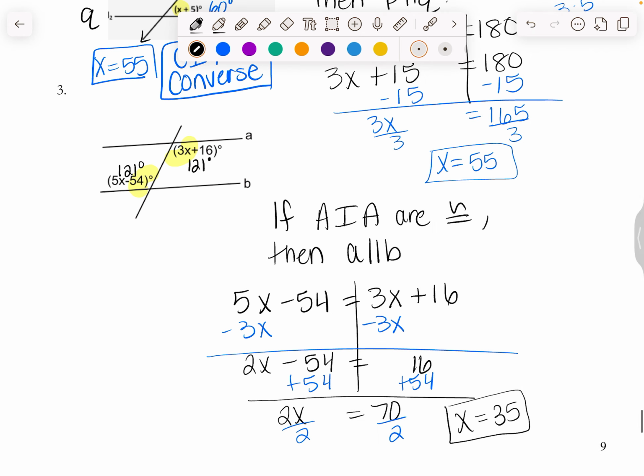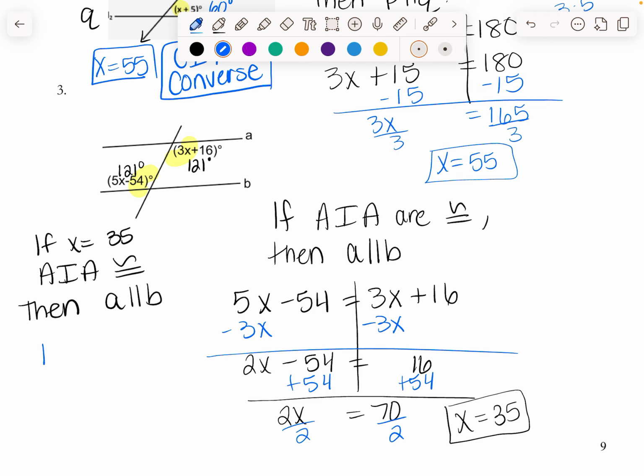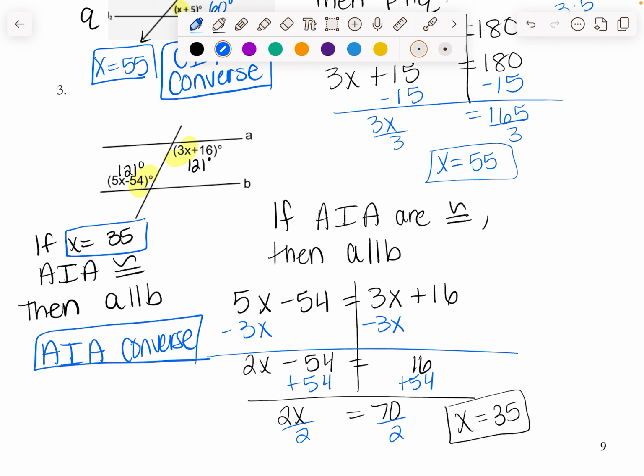So if x is 35, then the alternate interior angles are congruent, then A is parallel to B. So that would be using the alternate interior angles converse. So two answers: I want what theorem and what value of x makes that true.